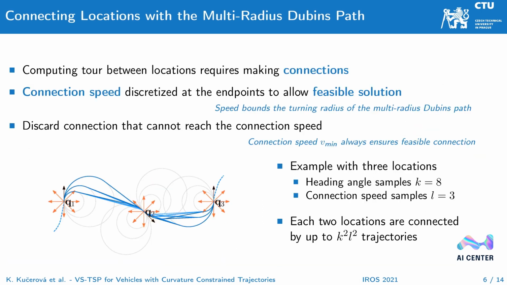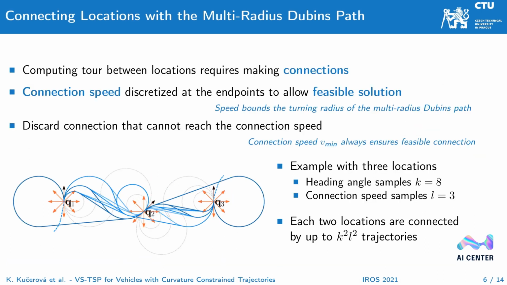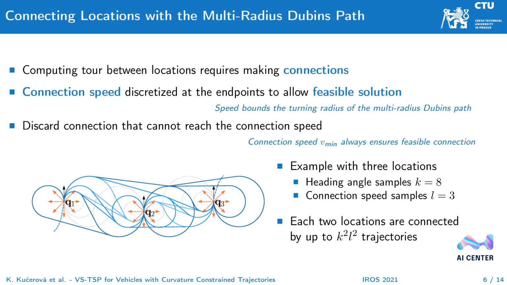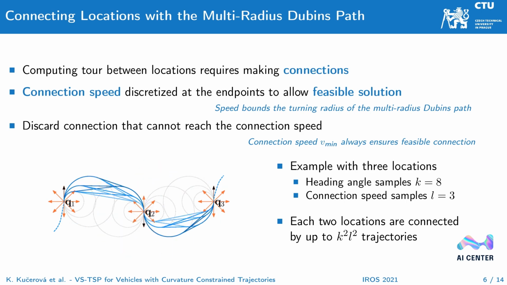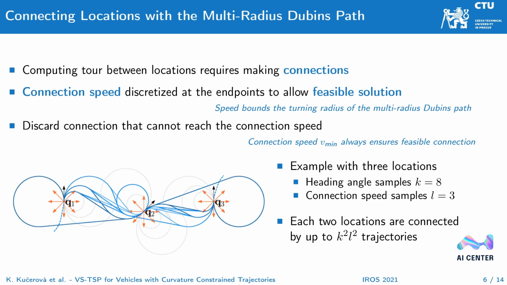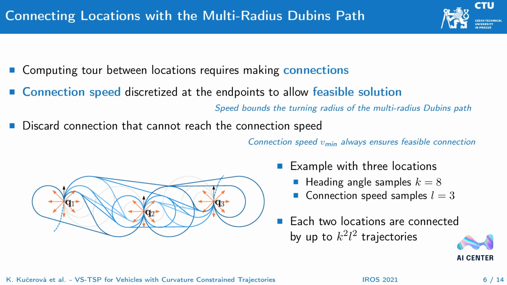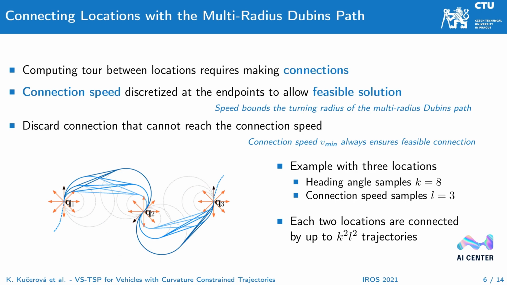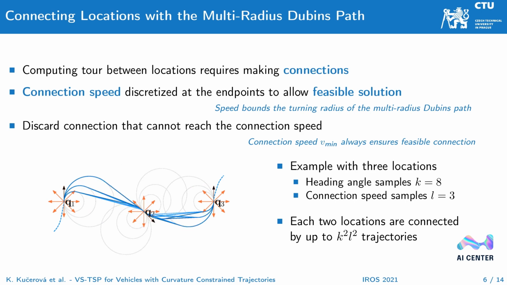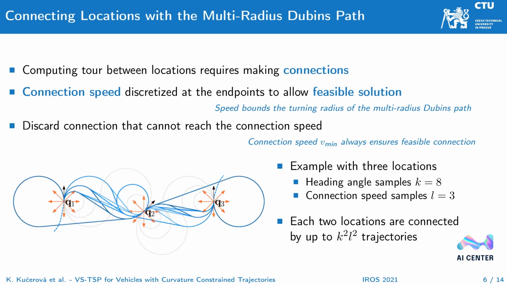When only locations are assigned, the vehicle heading angle at each location has to be specified to allow the point-to-point trajectory computation. This is already addressed in the Dubins TSP. In the VS-TSP, it is further required that the vehicle speed is the same for arriving and leaving trajectory to and from the location because the acceleration of the vehicle is limited as well.